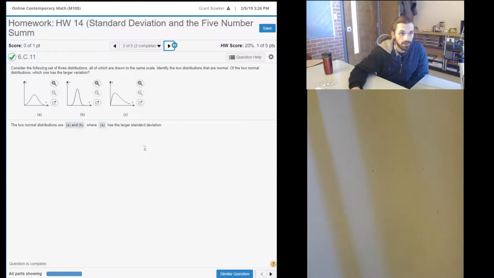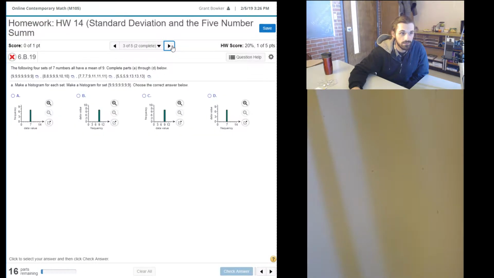Okay, let's jump to question 3. The following 4 sets of 7 numbers all have the same mean of 9. Complete parts A through D. We want to make a histogram for this set of all 9s. Recognize the data value is 9, and it shows up 7 times.